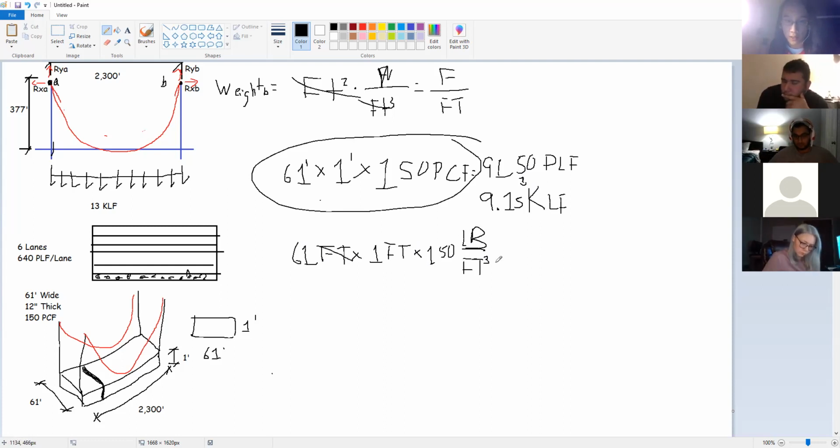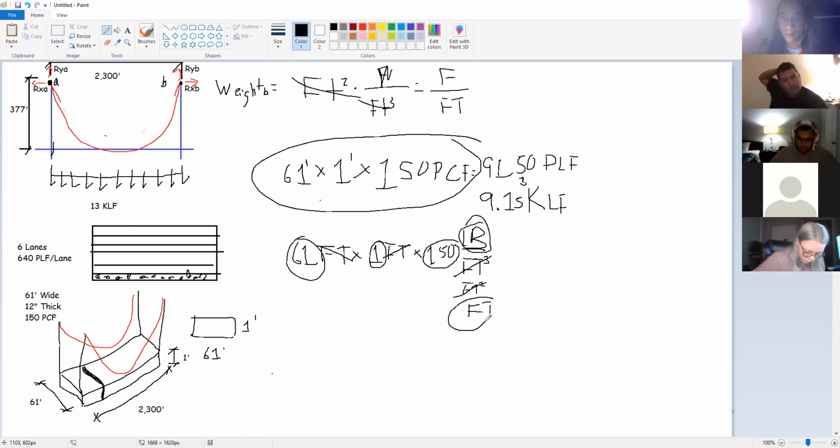So feet cancels out with feet, so that becomes feet squared. There's another foot measurement, so that cancels out, and that becomes just regular feet in the denominator. You multiply the coefficients, and then you just get 9,150 pounds per foot, or linear feet.